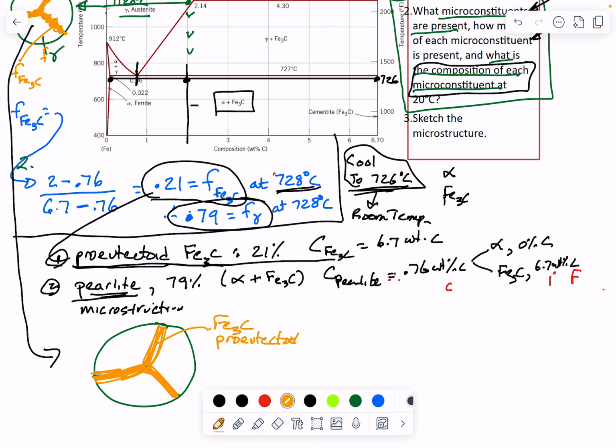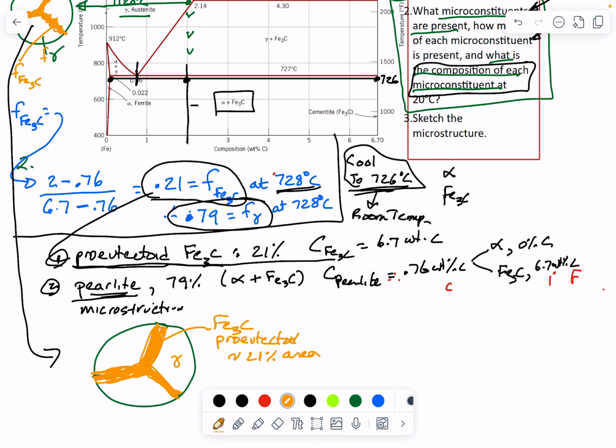And I've drawn about 21% of the area occupied by orange, and I'm eyeballing this, I'm not being very scientific here, that looks like about 20% of the area.